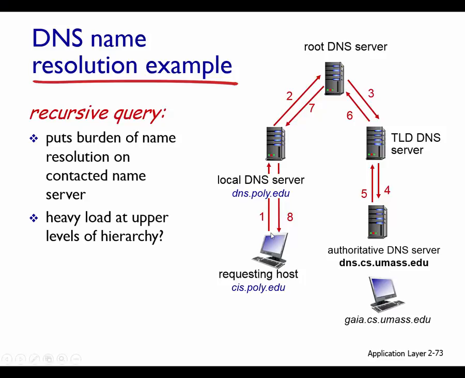The advantage for recursive is it gives all of these DNS servers the ability to store the information locally with some sort of time to live. So those are two different methods.